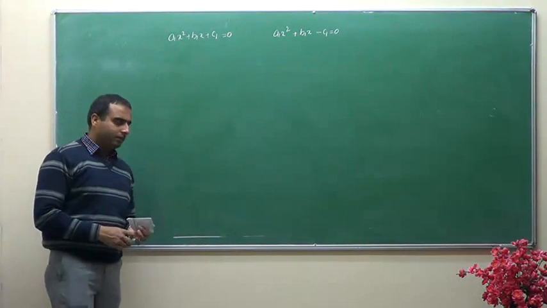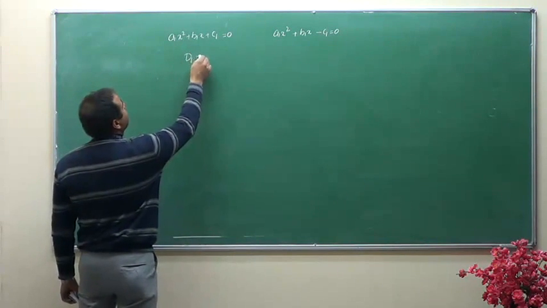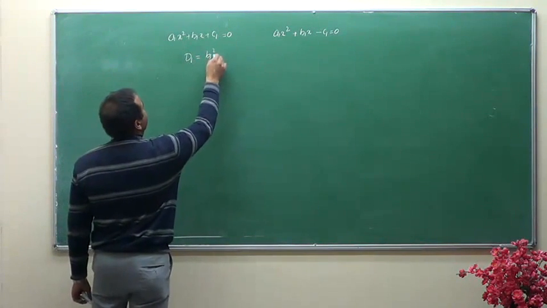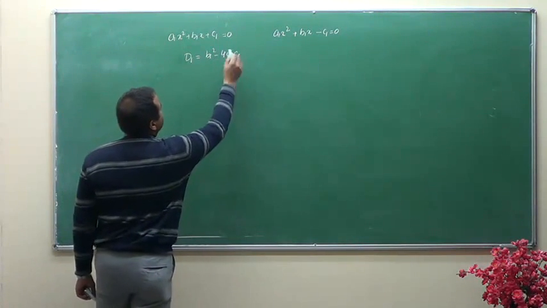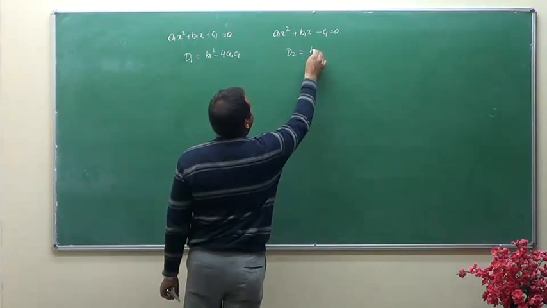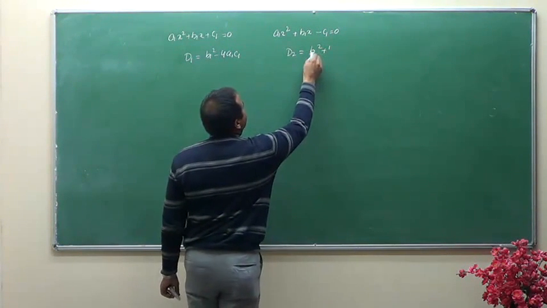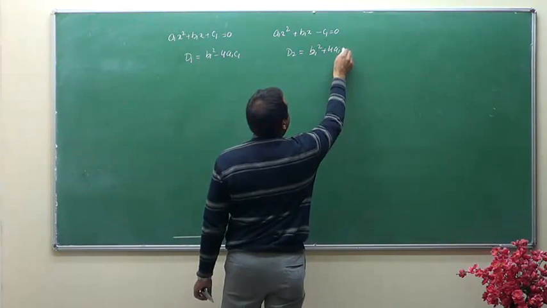So how do we derive it? Suppose the discriminant of this quadratic is b1 square minus 4a1c1. And what is the discriminant of this quadratic? b1 square plus 4a1c1.